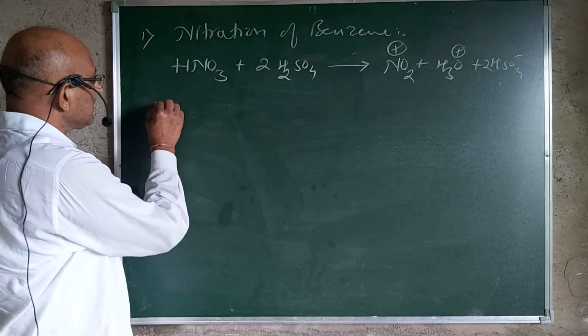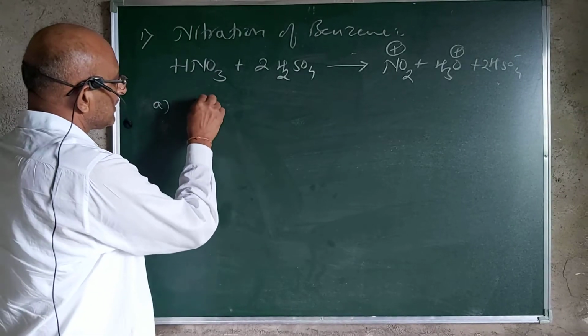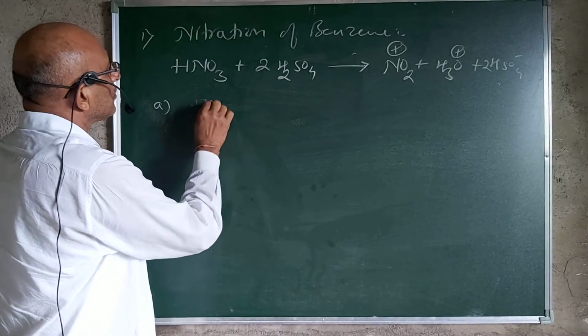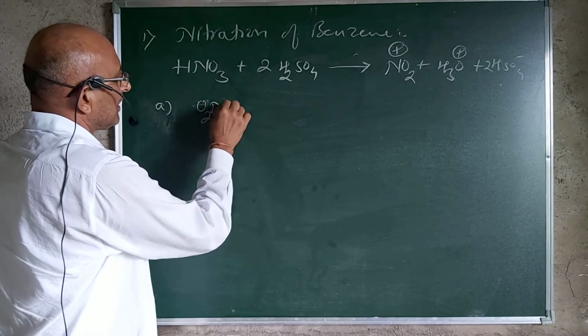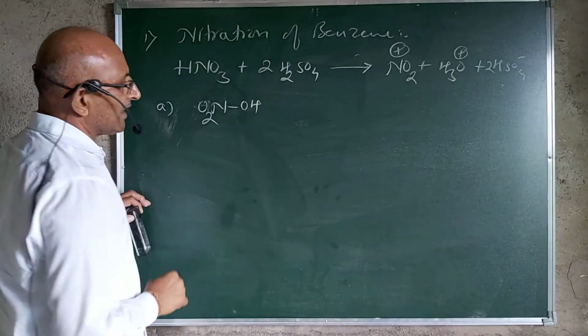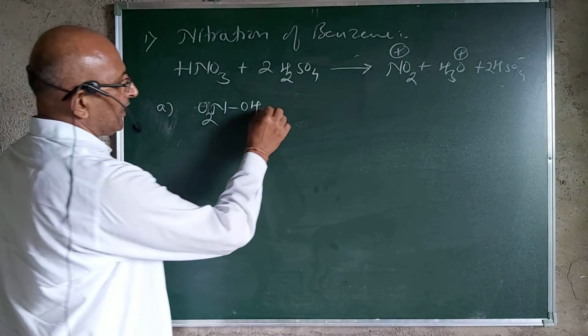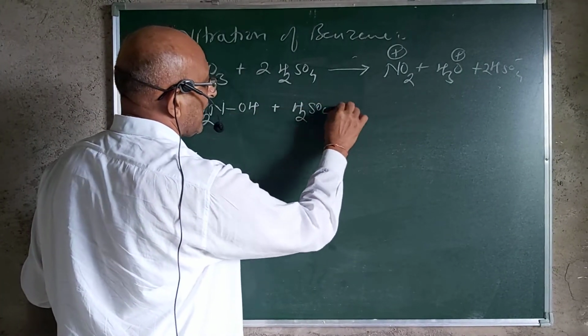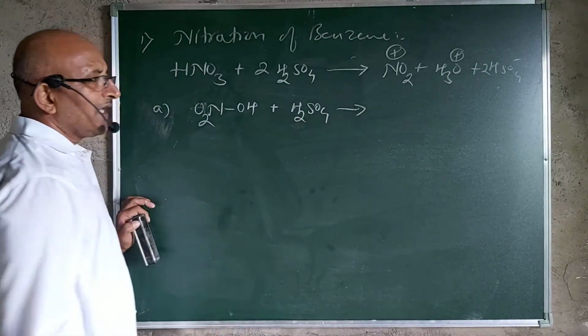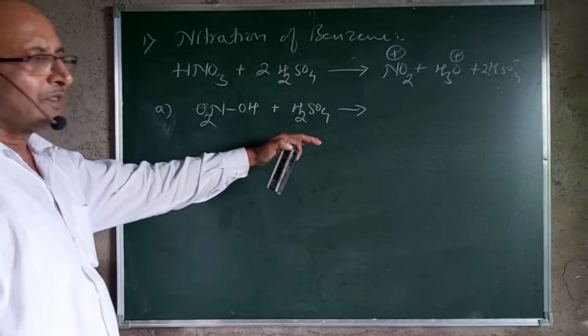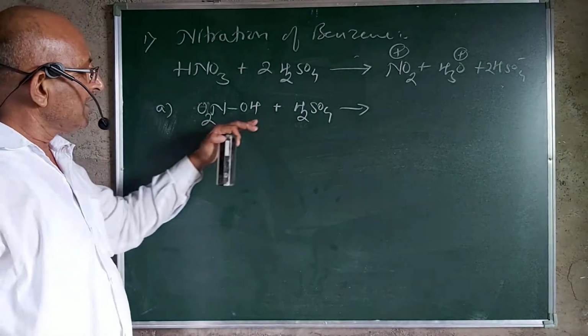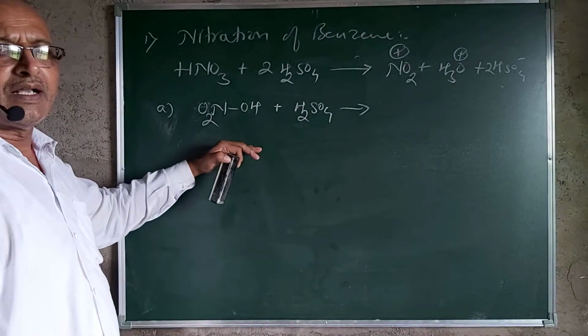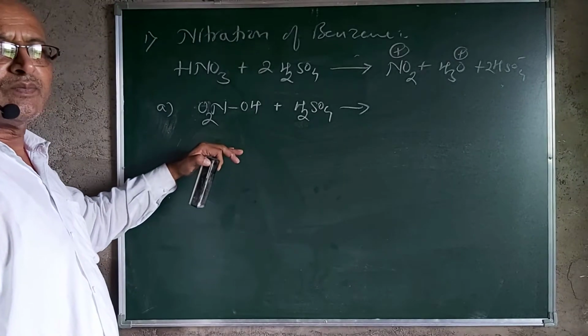So in this first step, NO2 and OH, this is your nitric acid. It reacts with the first molecule of sulfuric acid. As we have seen, sulfuric acid acts as an acid, meaning a substance which donates a proton, and nitric acid acts as a base, where it accepts a proton.